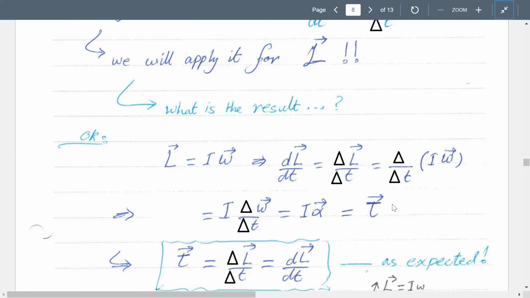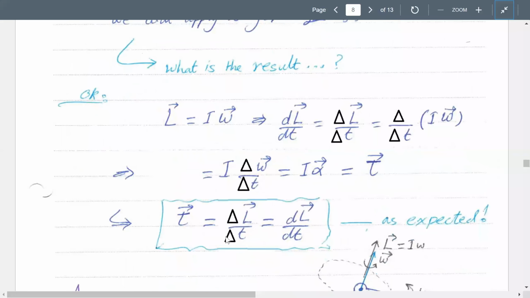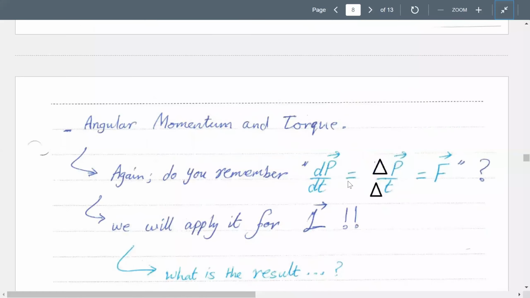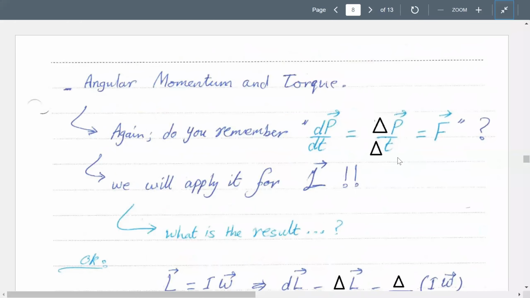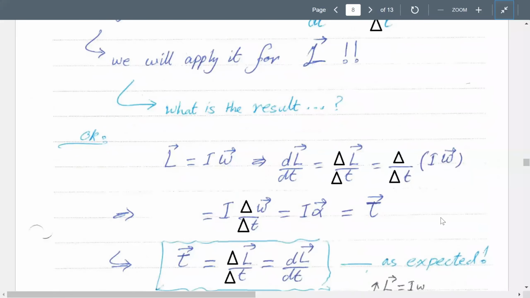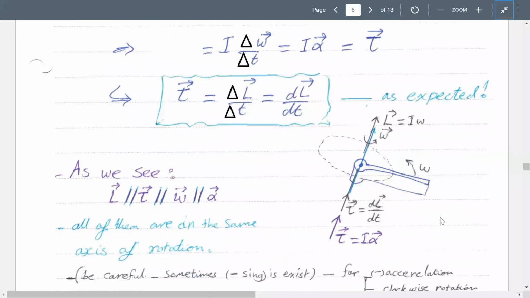It is just Newton's second law of rotational motion. We just found it in the first part of this lecture. So any change in angular momentum with respect to time will give us the torque. It is just as the linear motion. Any change in linear momentum with respect to time will give us the force. This is Newton's second law in general form, as we said before.